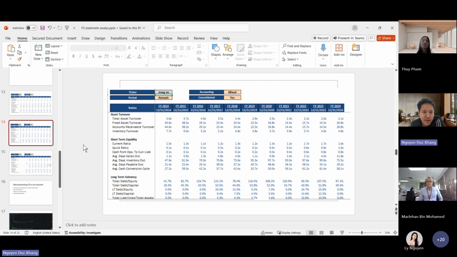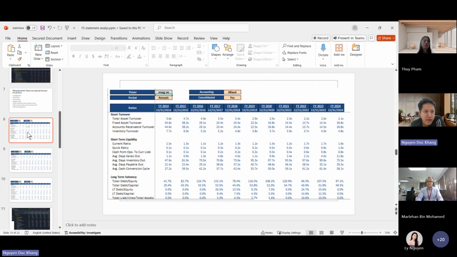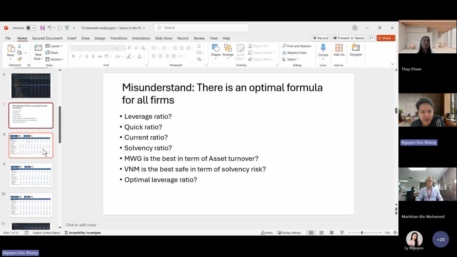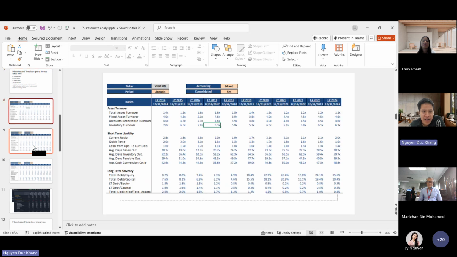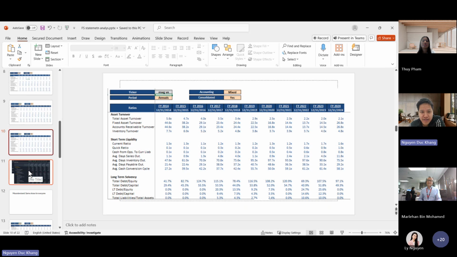And it's not only about asset turnover. You have to look at other things in detail, like what I said before: what is the optimal leverage ratio? It's a key question because as an investor, I always look for a company with high ROE, return on equity.